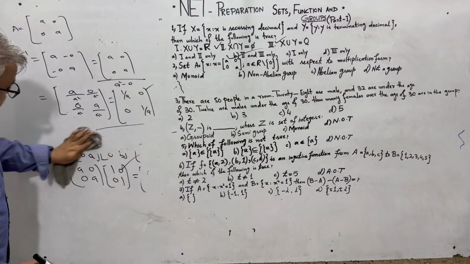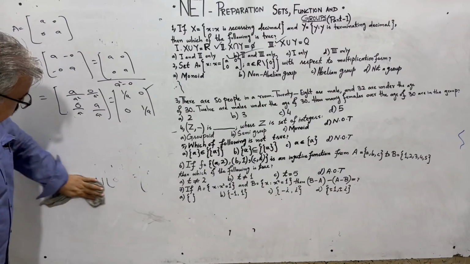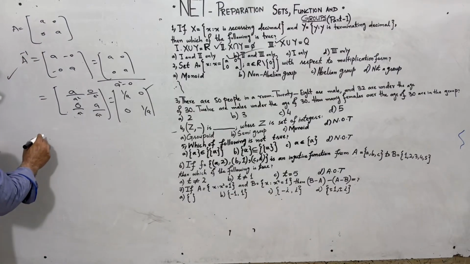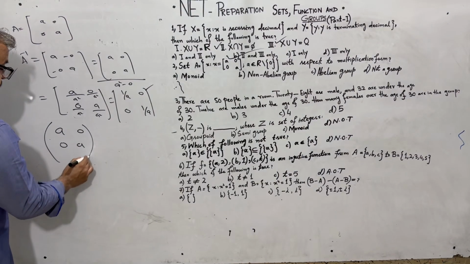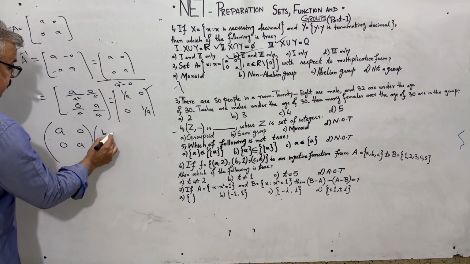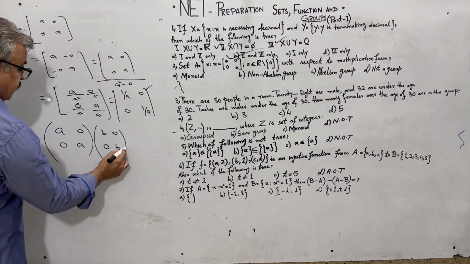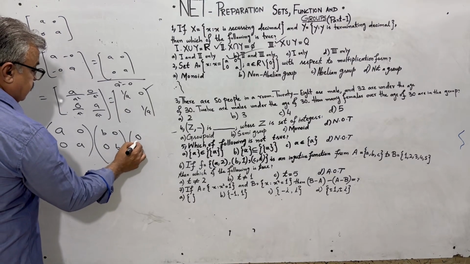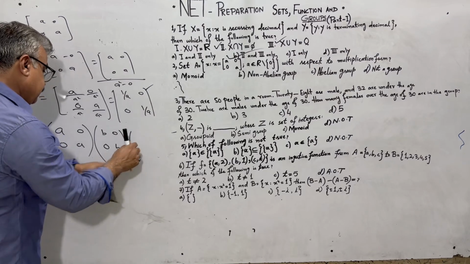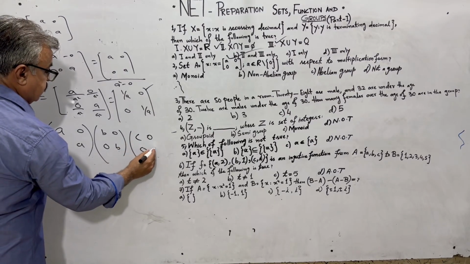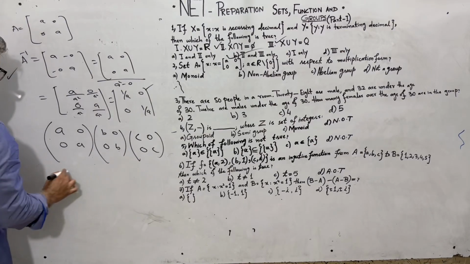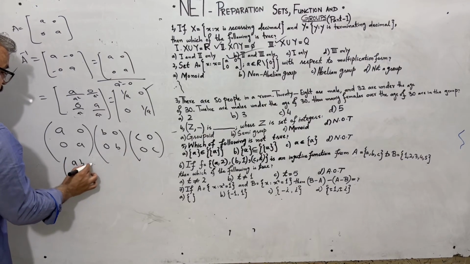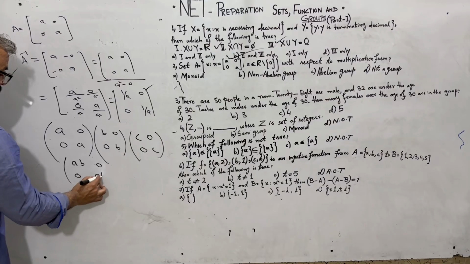Let's see and find out how. We have the first matrix A 0, 0 A. Second is B 0, 0 B. Third is C 0, 0 C. Either first manipulate these two, then we are going to get AB 0, 0 AB.